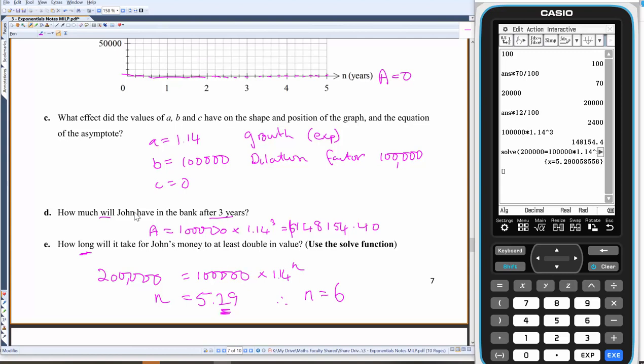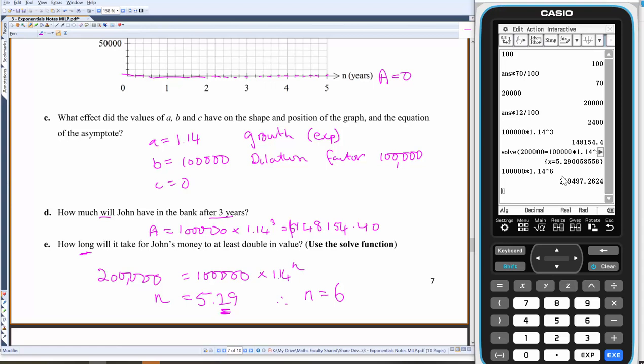Okay, now why am I going to do that? Let's go back to the calculator to show you the reasoning. All right, so if I raise it to the 5, okay, so how long will it take? Notice there that I haven't at least doubled the amount. So after 5 years, I don't at least double the amount, okay? So it has to be 6 in this case.